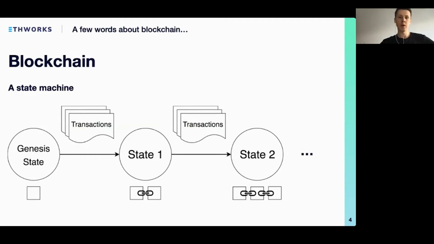And when you apply those transactions, you get a new state. What's important here is that you only get a new state after applying all of the transactions that happened in a single block. There's nothing in between. We only care about the states at the given block height.